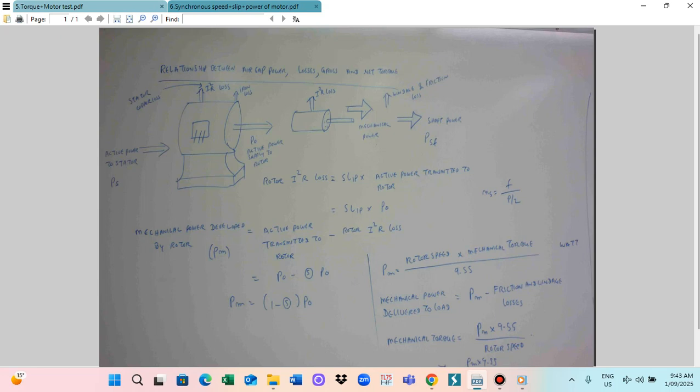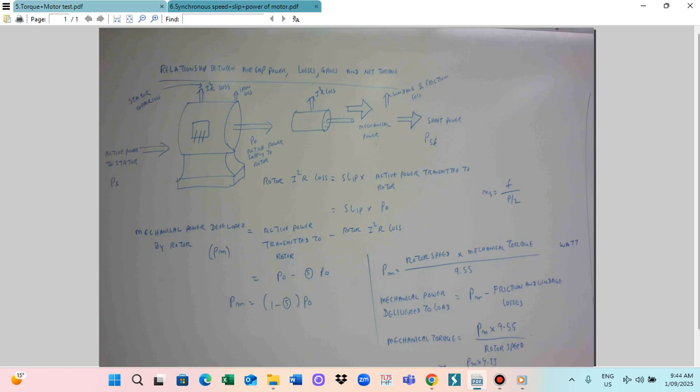This is the diagram of the three-phase induction motor. This is the supply coming in. We provide active power to the stator, so there will be PS.